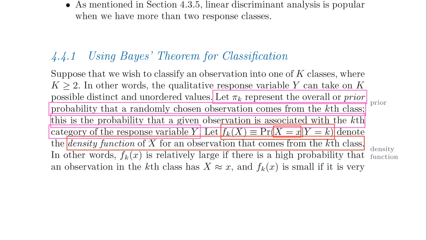In other words, f k of x is relatively large if there is a high probability that an observation in the kth class has x roughly equal to x.